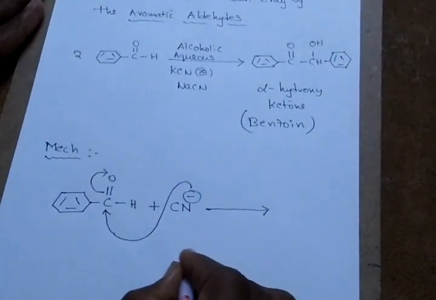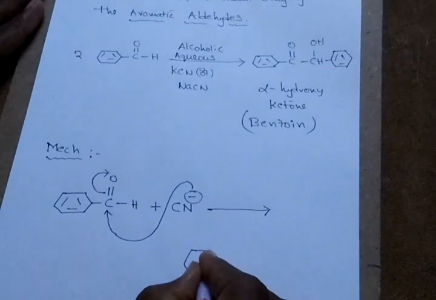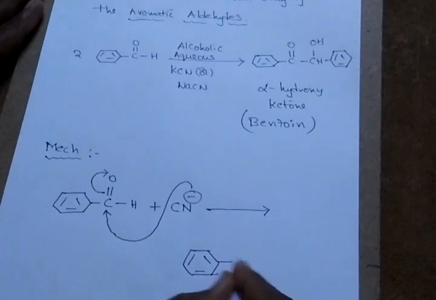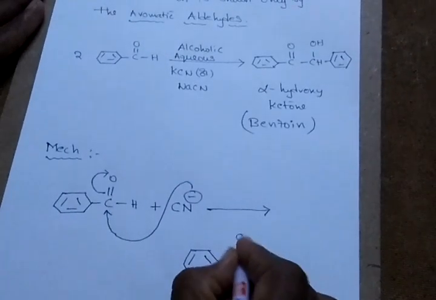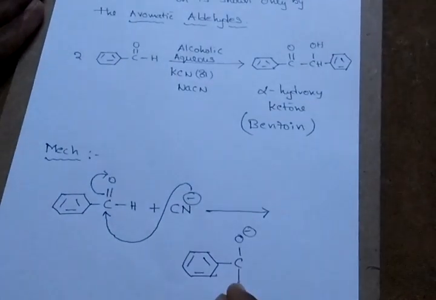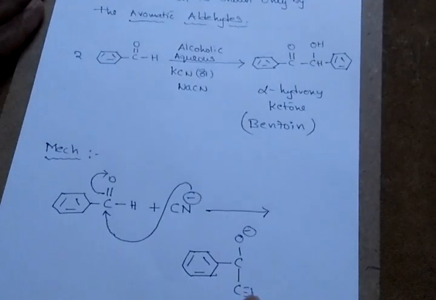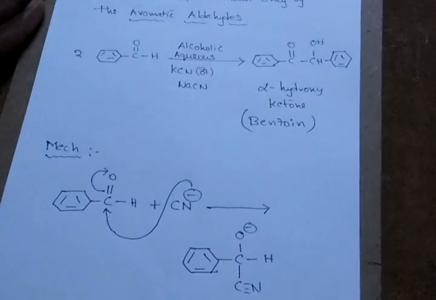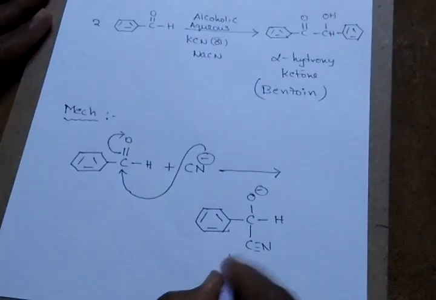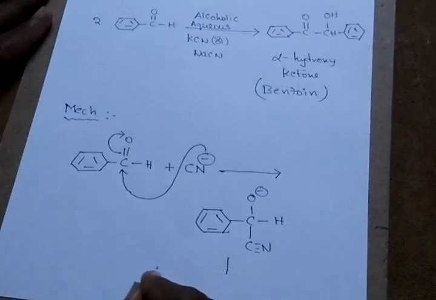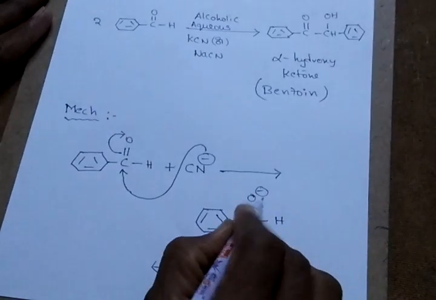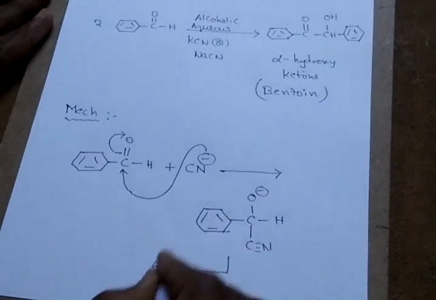Then the intermediate formed would be like this: C, O minus, CN, H. Now later on what happens? Internally, this particular molecule will involve in a kind of acid base reaction.